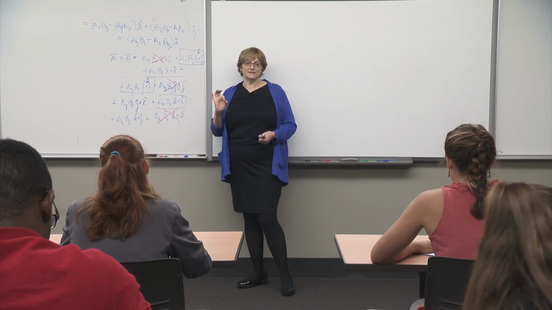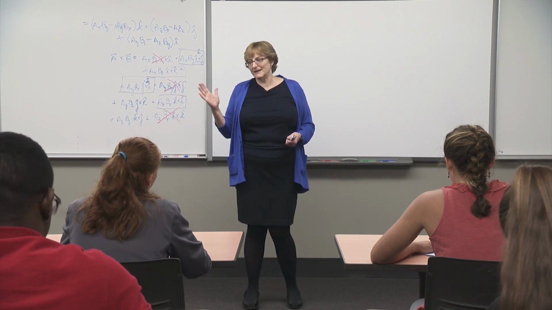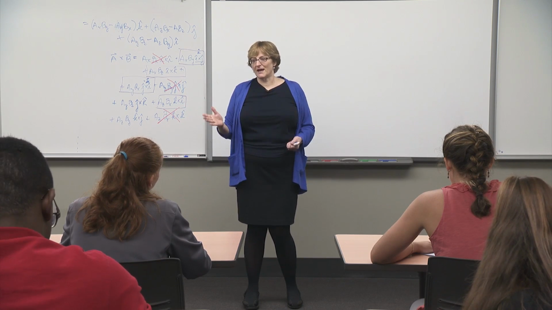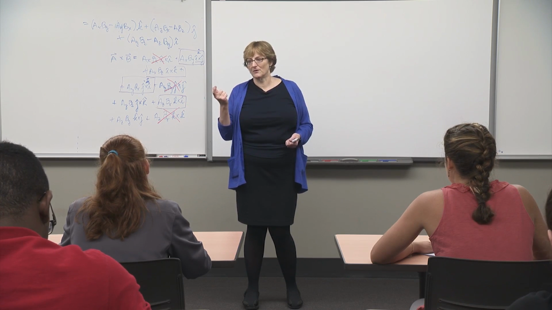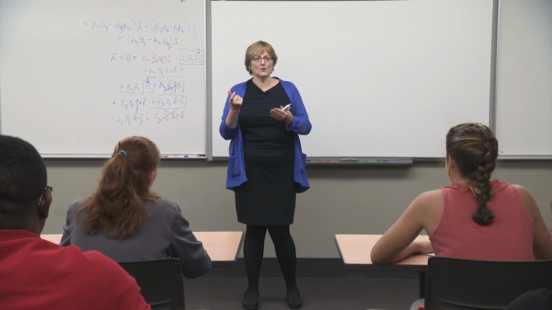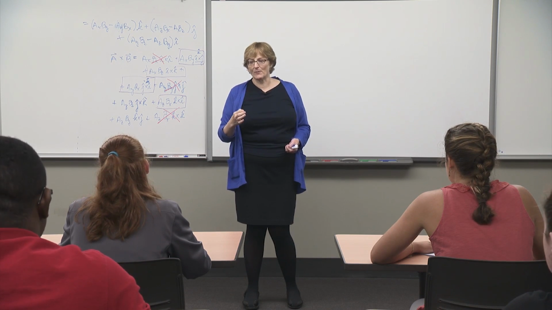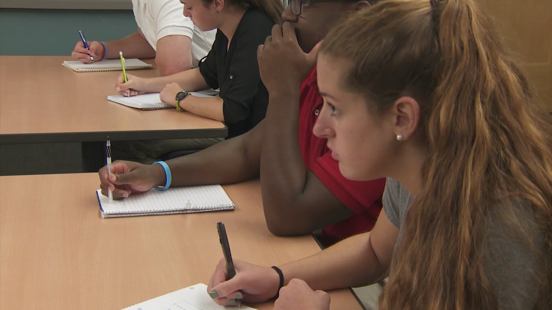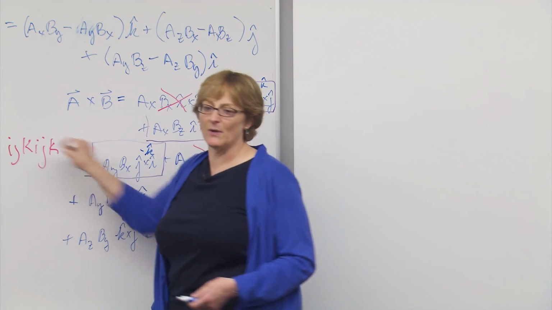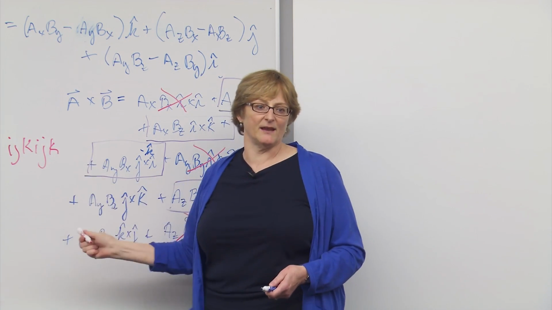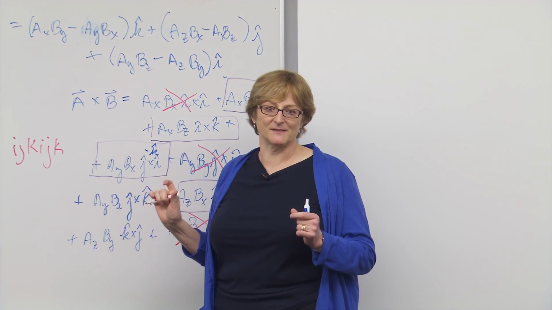The last thing I'm going to tell you is how to remember. You all now can easily remember that i cross j and j cross k and k cross i are either plus or minus the third one. Whichever two you pick, the other one is plus or minus the third one. And let me give you a quick mnemonic for remembering whether it's the plus or the minus. Just write ijk, ijk. I went in the forward direction. If you go forward with any two adjacent pairs, it's plus.